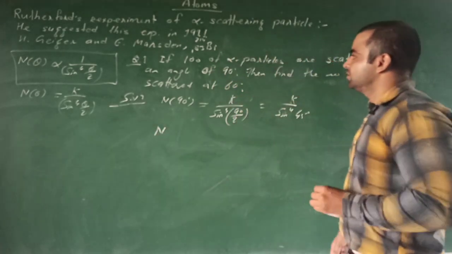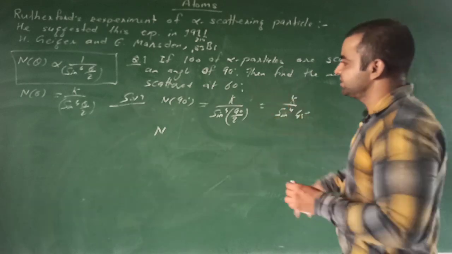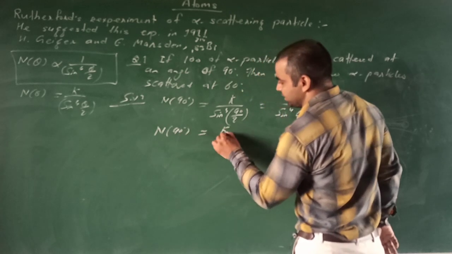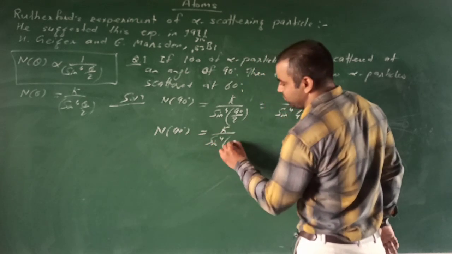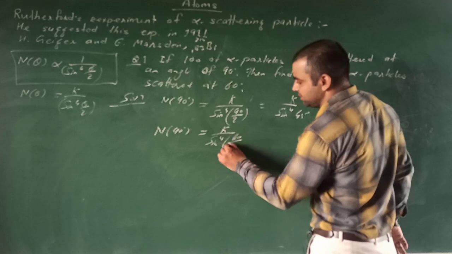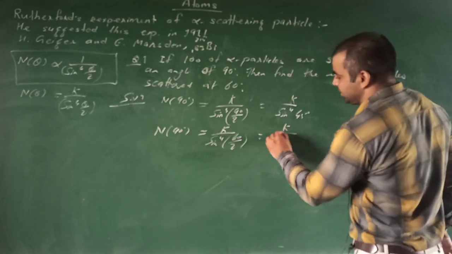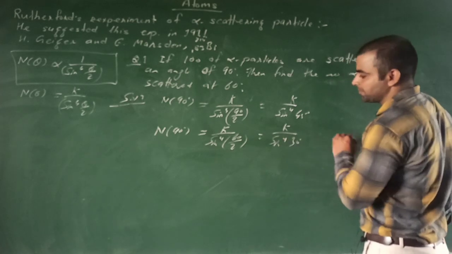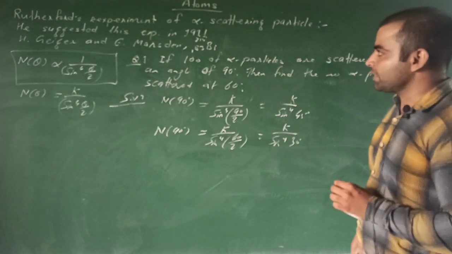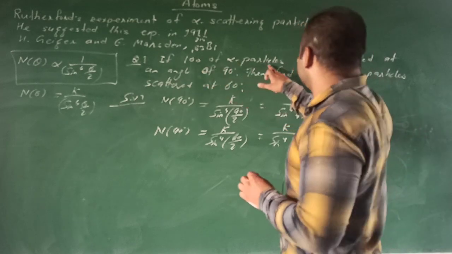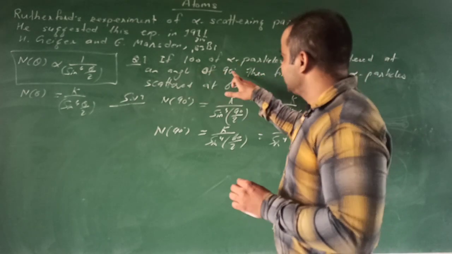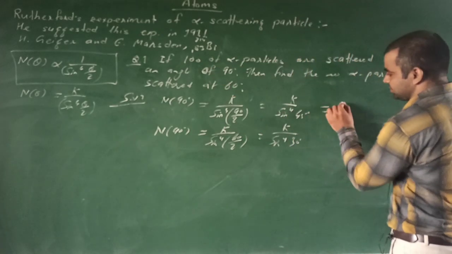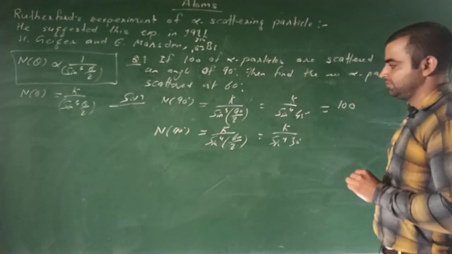For theta 60 degrees, the number of scattered alpha particles is k by sin raised to power 4 of 60 by 2, which is k by sin raised to power 4 of 30 degrees. And the number of particles scattered at 90 degrees is given as 100.